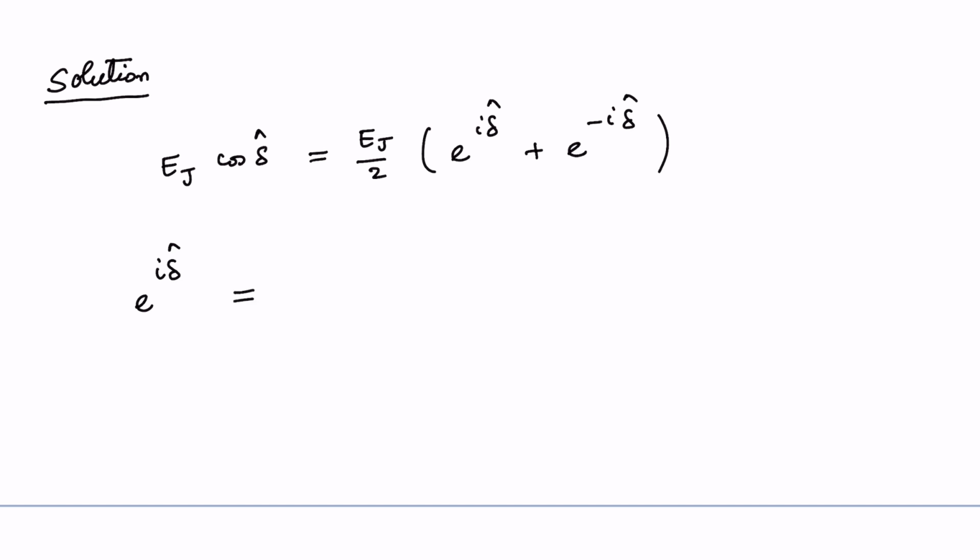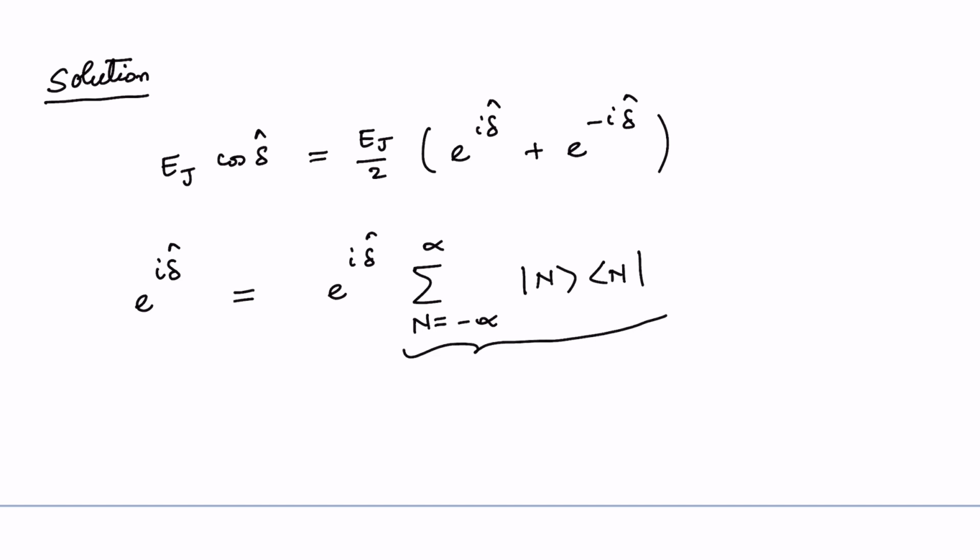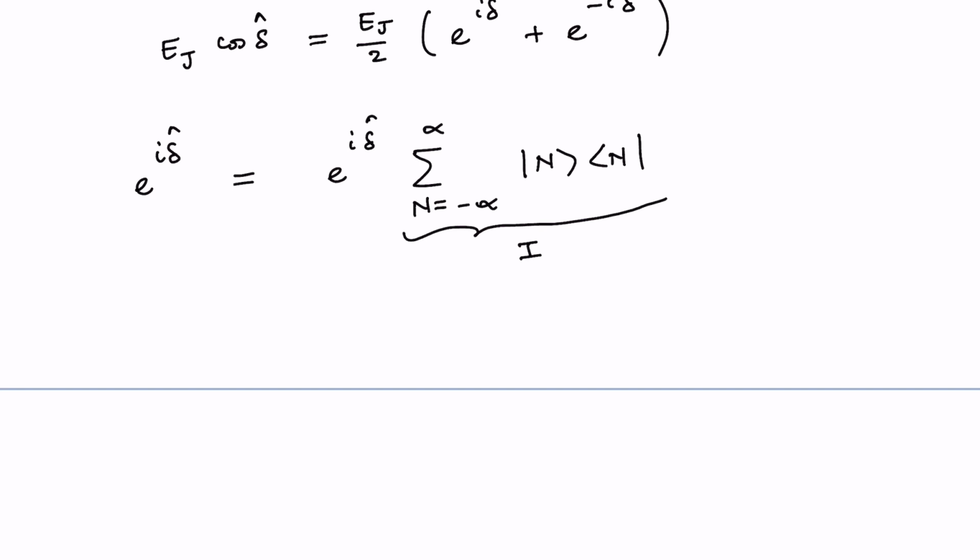Therefore, I can write it as e to the power i delta cap, and then I can sandwich this identity operator here from the Cooper pair number basis, sum over n from minus infinity to plus infinity of ket n bra n, because you know that this is nothing but the identity operator. So now I can write this as the sum over n from minus infinity to plus infinity of e to the power i delta cap operating on ket n, and we have this.